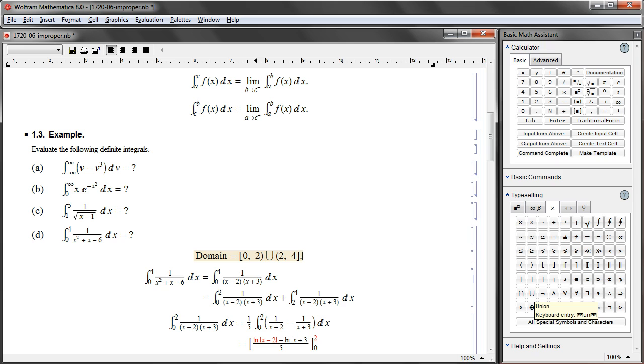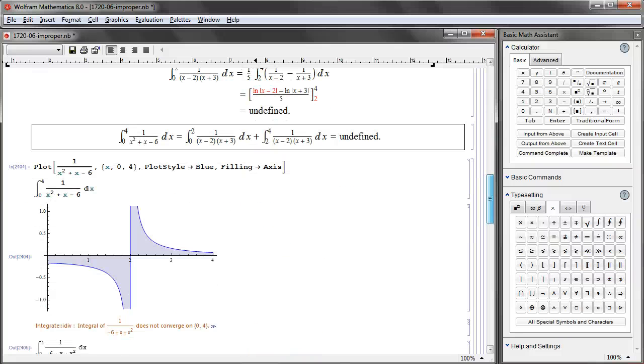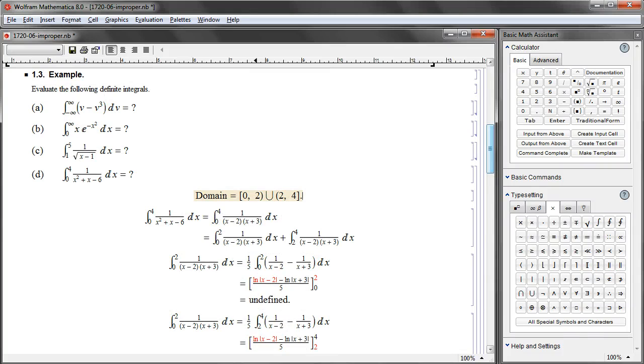So because of the discontinuity we had, the singularity we had at x equal to 2, which was represented as vertical asymptote, as we see in this graph with all those shading, we were able to decompose the domain into two parts, 0 to 2 and 2 to 4. Neither is closed and bounded interval, so we cannot apply the fundamental theorem.